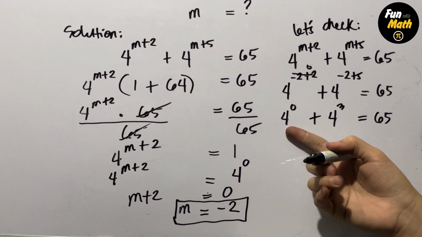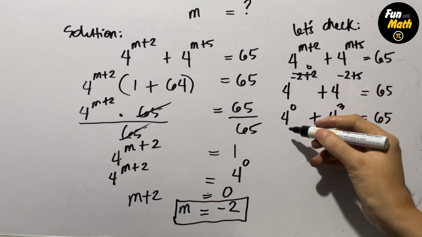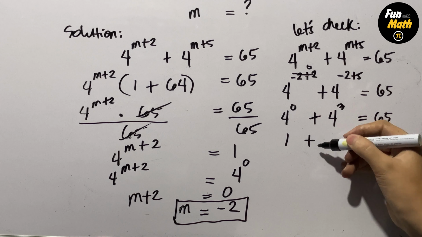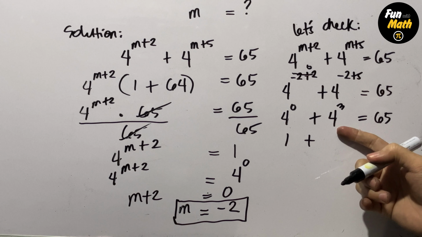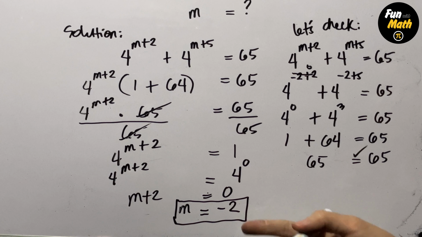Now, the equivalent for 4 to the power of 0 is 1, plus the equivalent for 4 to the power of 3, or 4 cubed, which is 64, equals 65. And then 1 plus 64, that is 65 equals 65. Therefore, this is correct. The value of m is negative 2.